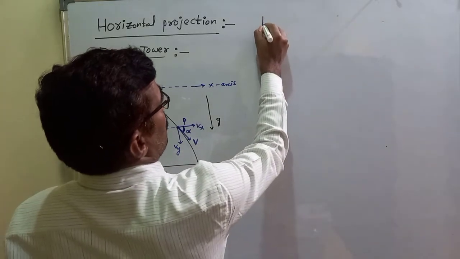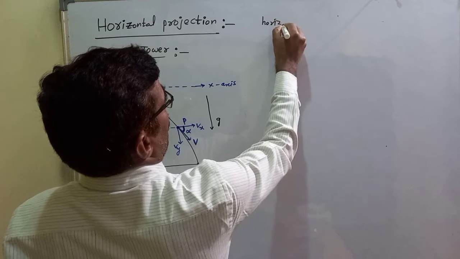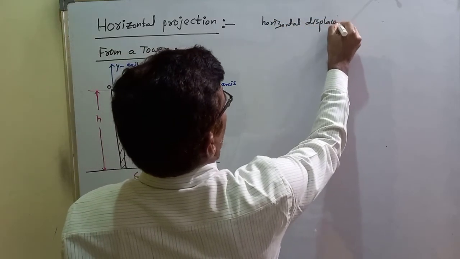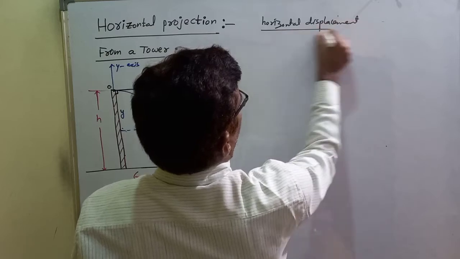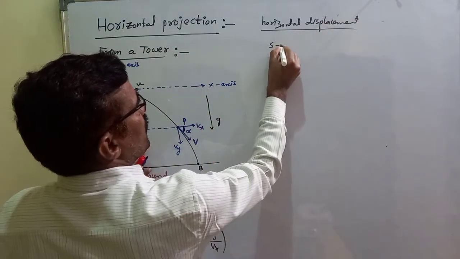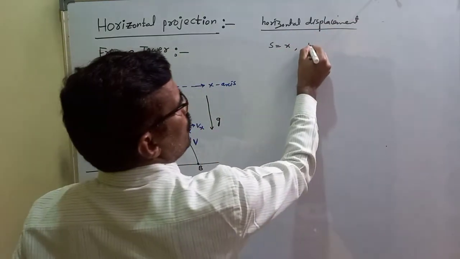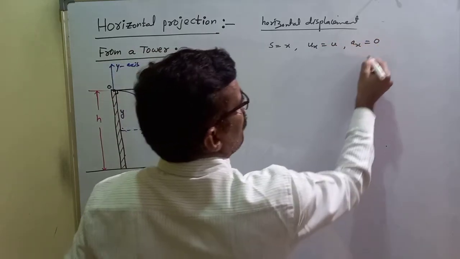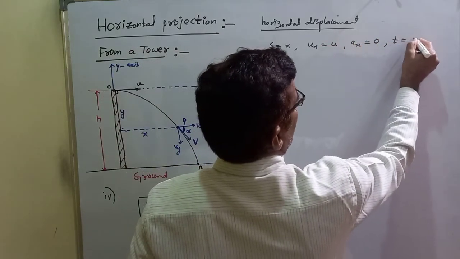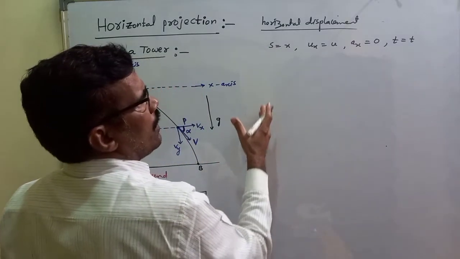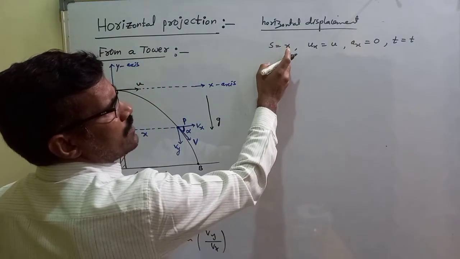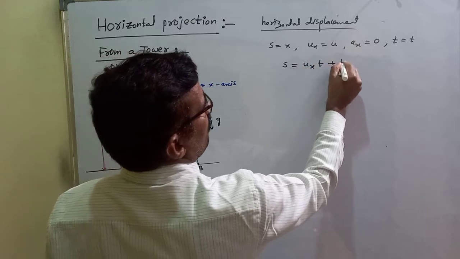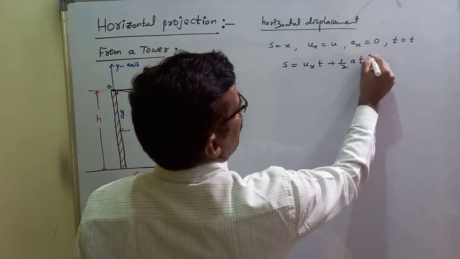Next, the horizontal displacement after time t. S is equal to x. Here ux is equal to u, ax is equal to 0, and time is t. I want the horizontal displacement x, so you use s equal to ut plus half a t square.